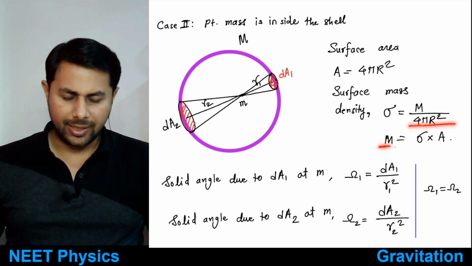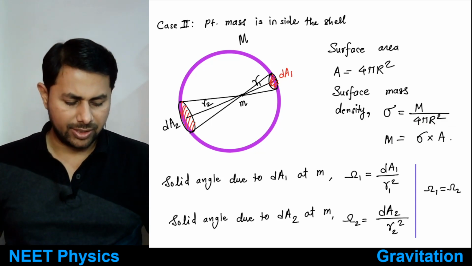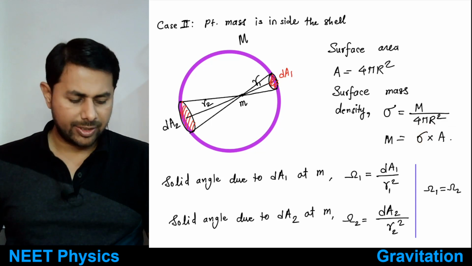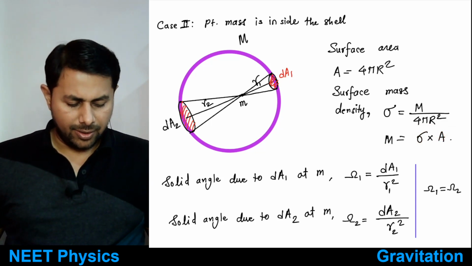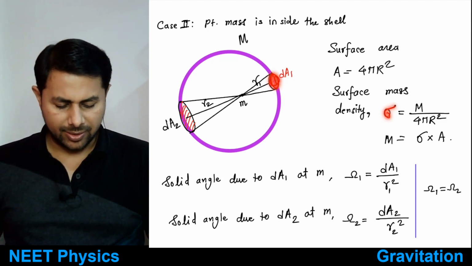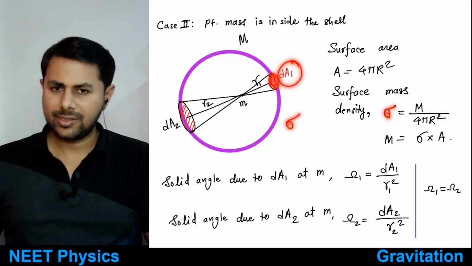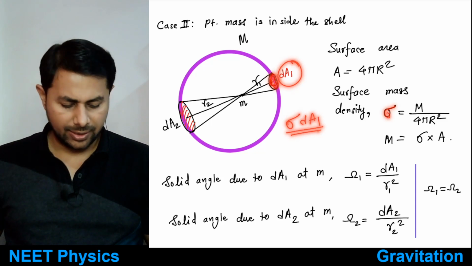Therefore, you can write the mass of the sphere is equal to sigma multiplied by the total surface area A. Then what would be the mass due to this area? It would be sigma multiplied by this area only, dA1, right?